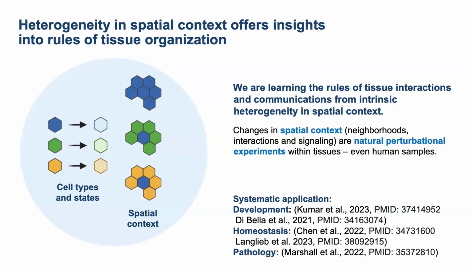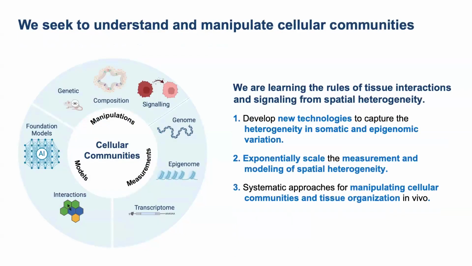As we collect a lot more spatial transcriptomic data, we are leveraging that to generate hypotheses about how cells communicate and are organized inside of tissues. In general, the group is trying to do that by developing new technologies to capture heterogeneity in somatic and epigenome variation.